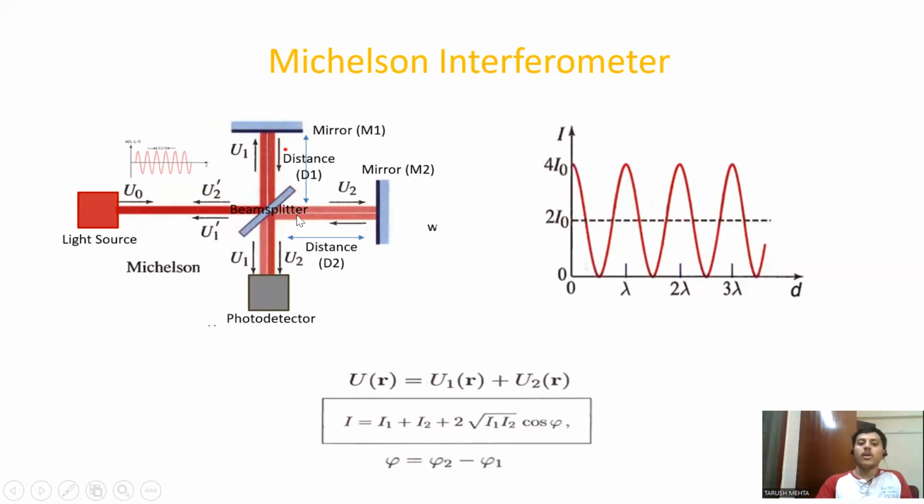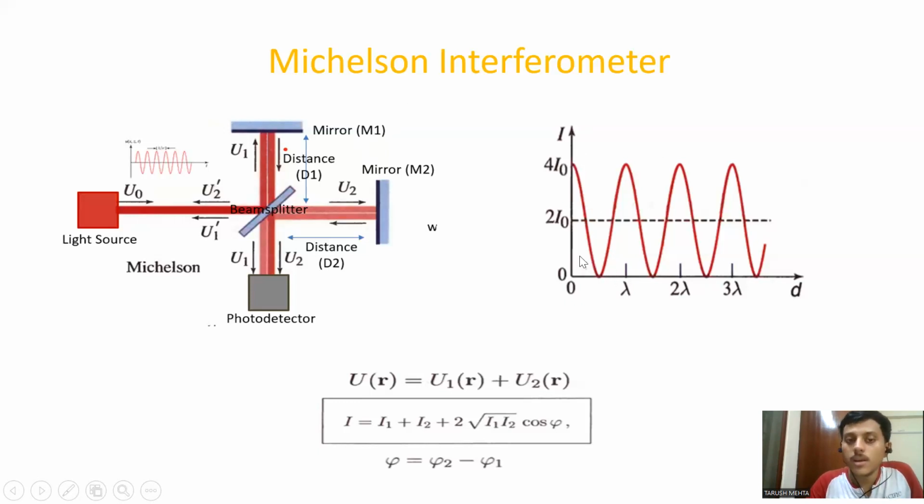If both mirrors M1 and M2 are placed at equal distances from the beam splitter, then the phase difference between U1 and U2 would be 0, which leads to constructive interference and the intensity becomes maximum. Whenever mirror M1 is moved by some distance, some phase difference is introduced between M1 and M2, and the intensity starts decreasing from the maximum value 4I0. If this phase difference becomes exactly equal to pi or any odd multiple of pi, then destructive interference happens and the intensity becomes 0.